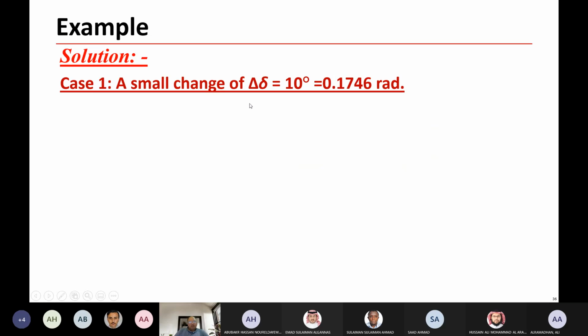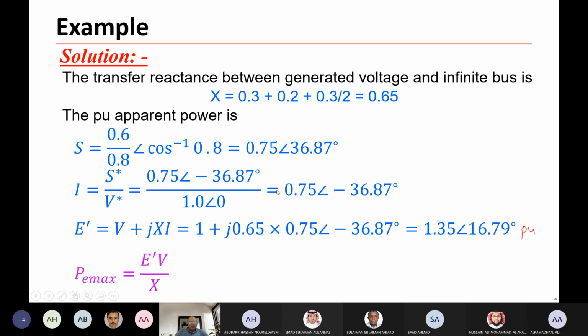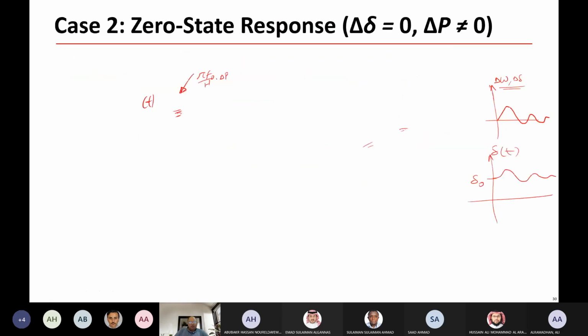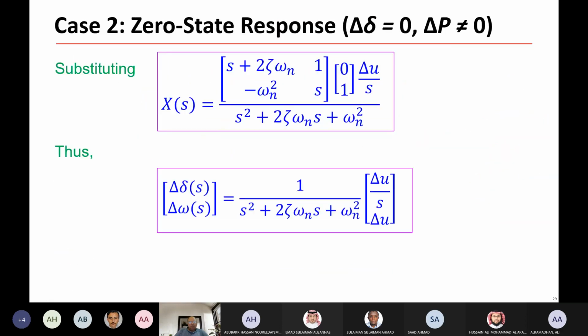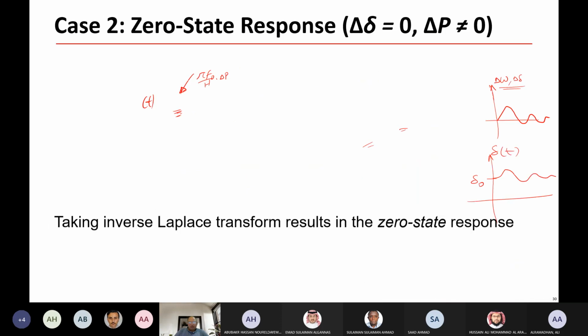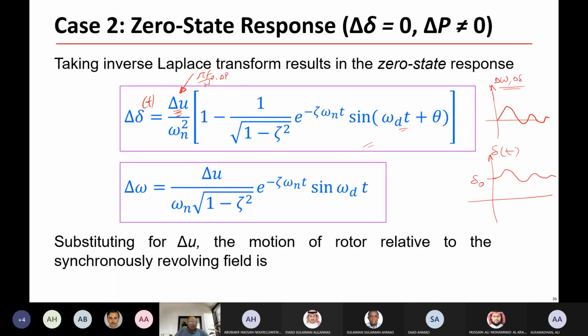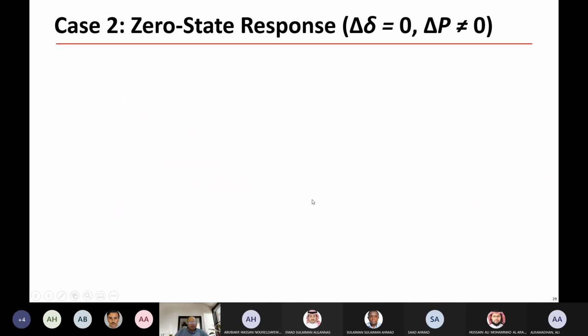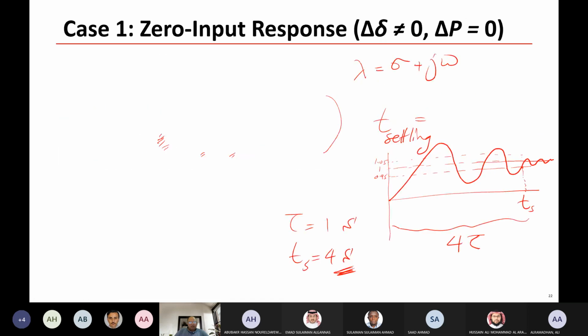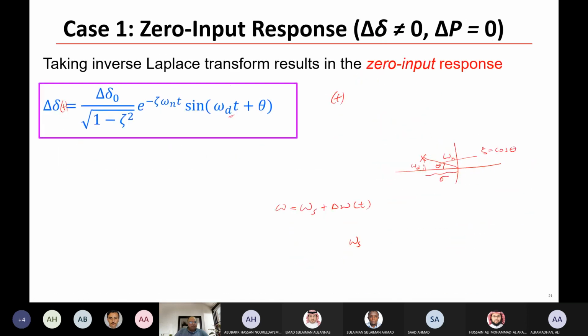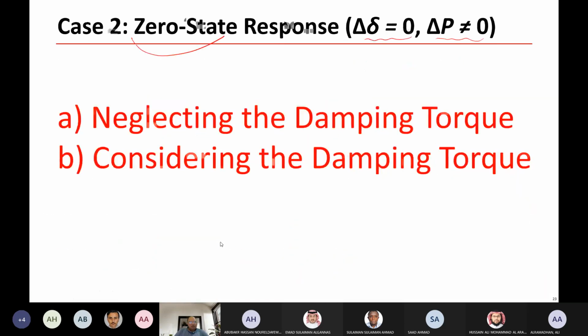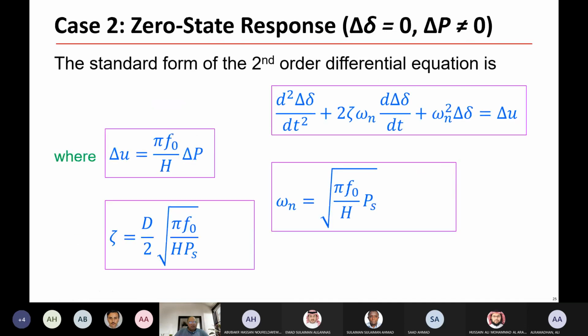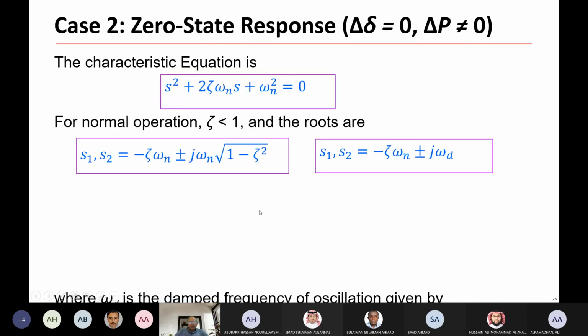Usually when we substitute on delta delta in any of these forms, we use radian. Yes, for this one, when you substitute this, you substitute in radian. So you have delta delta 0 equal to 0.17.